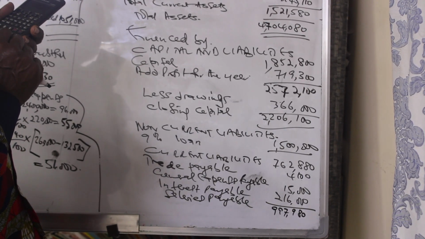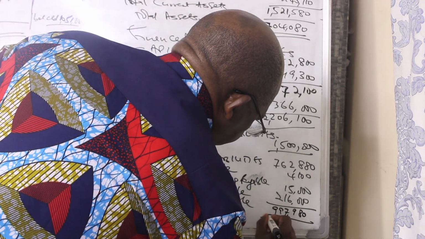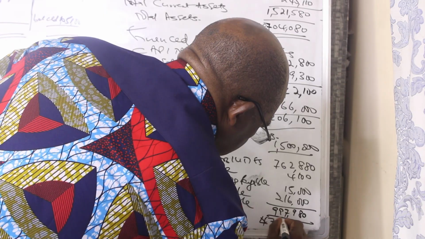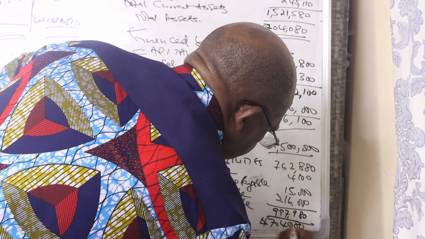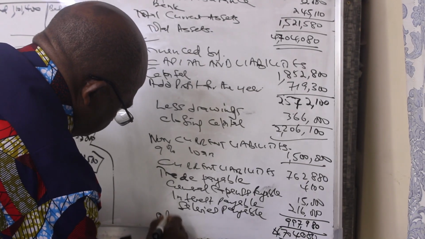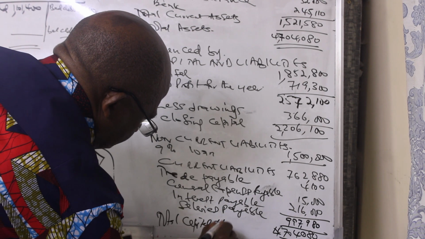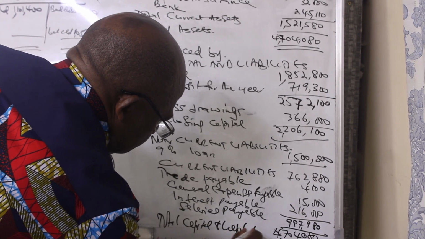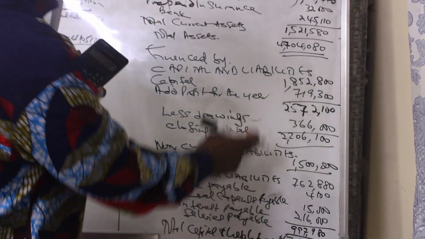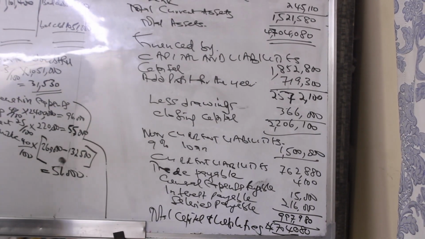We get 4,704,080, total capital and liabilities. And it balances with the total assets.